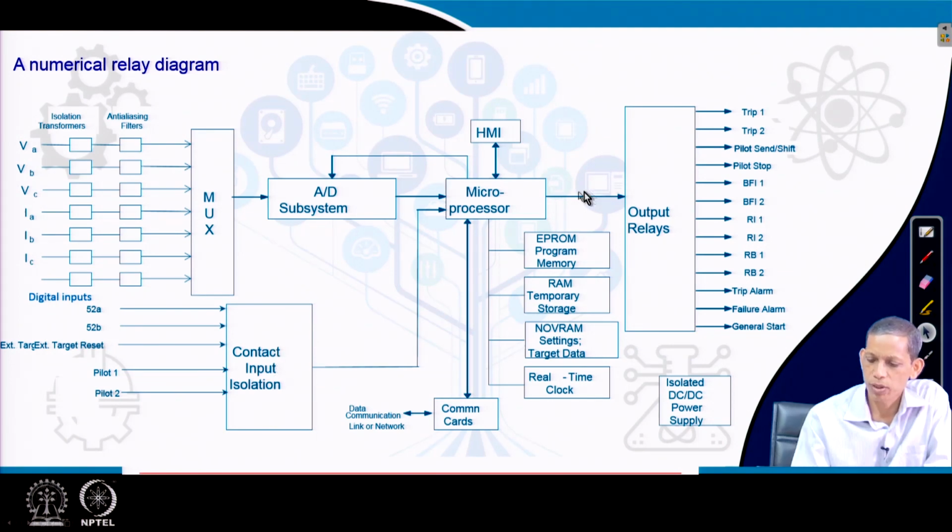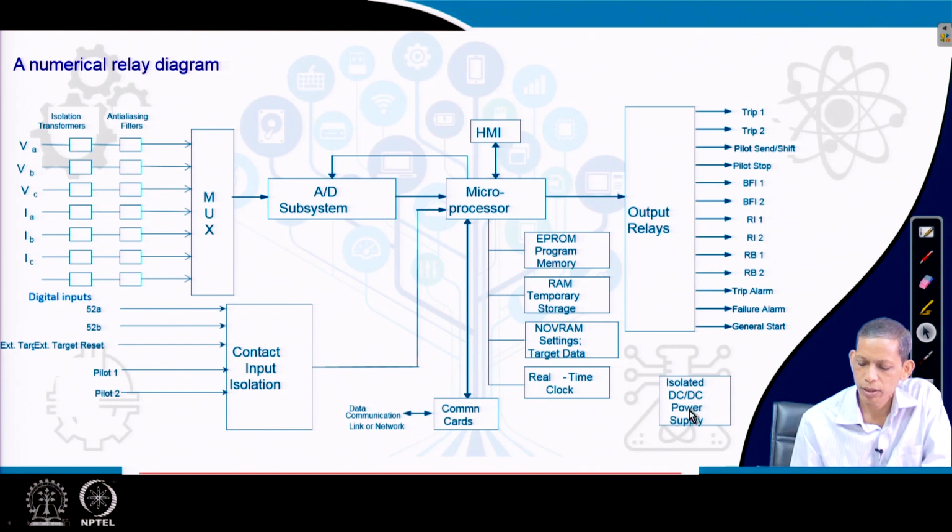In the output form, it can communicate to other relays, provide information to the substations, and give LED information and alarms. Several things can be integrated into this output module of the relay.